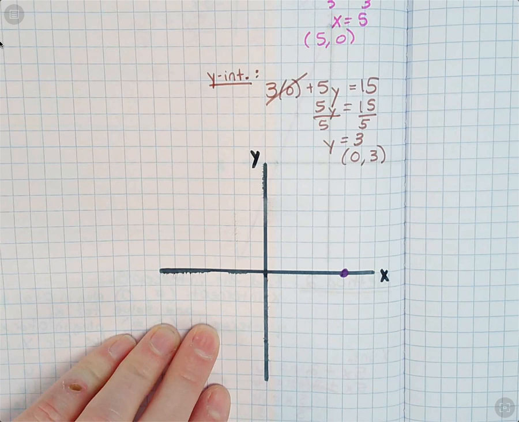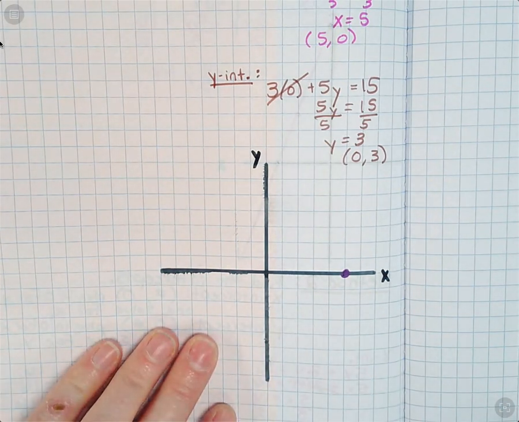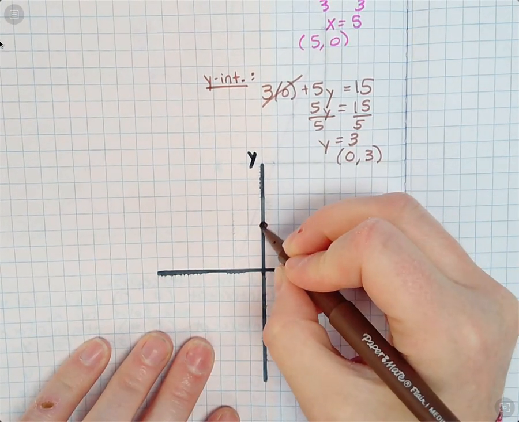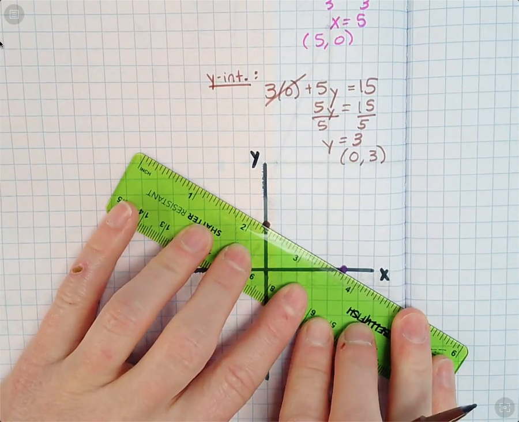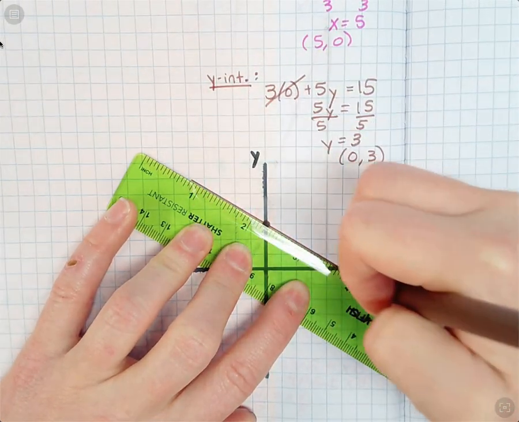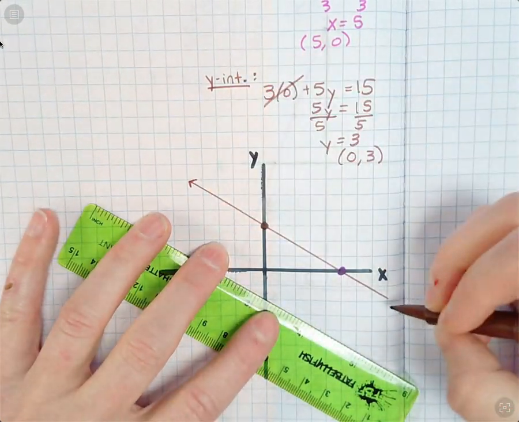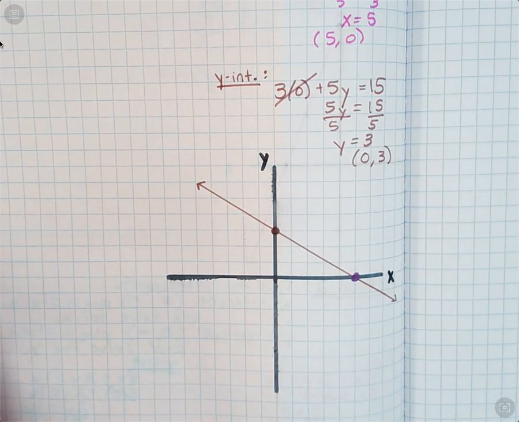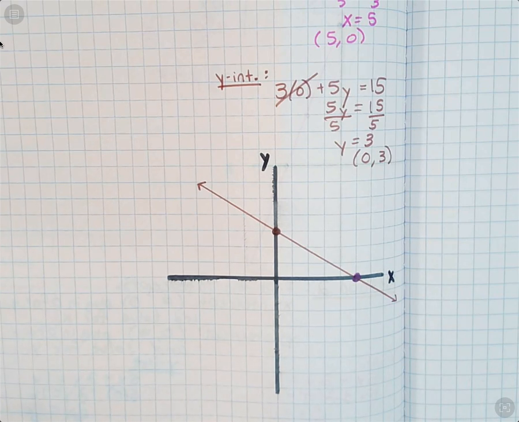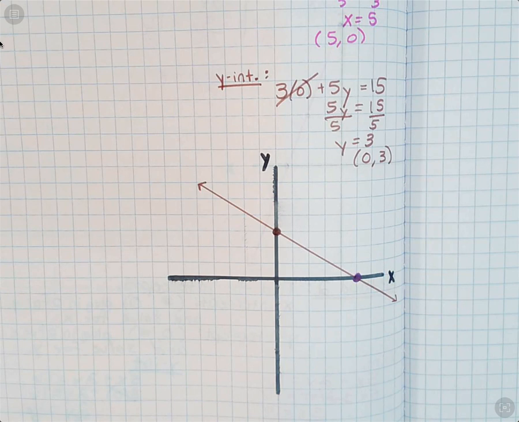So our x-intercept, 0, 3. Our y-intercept, connect the dots. There's your line. Okay, y'all got it? Okay.